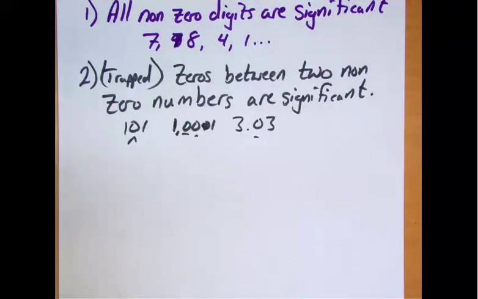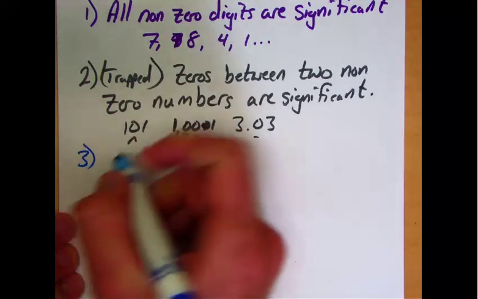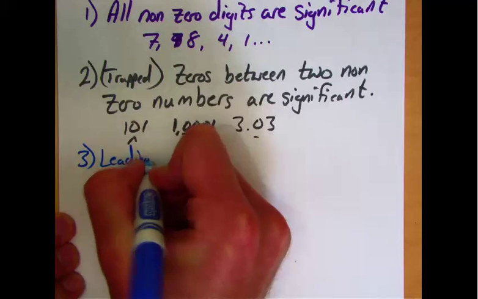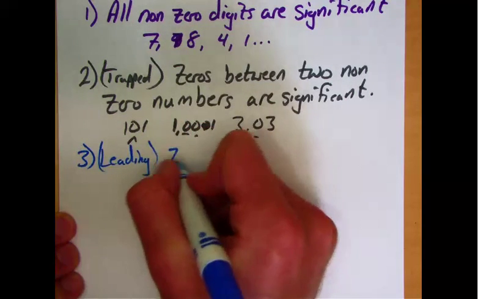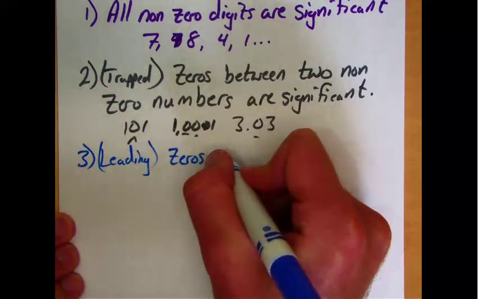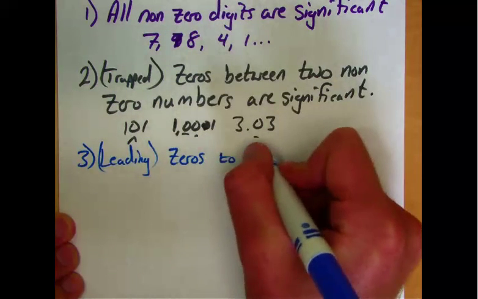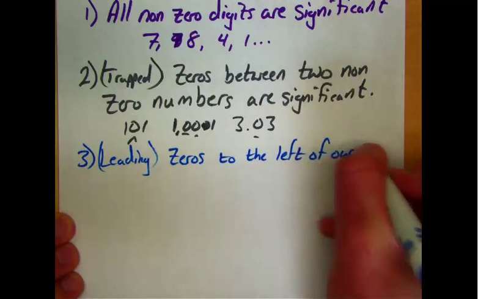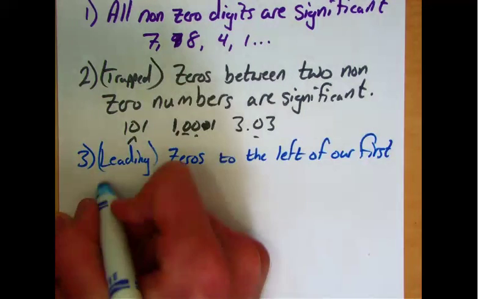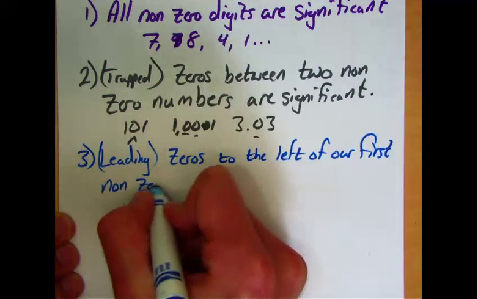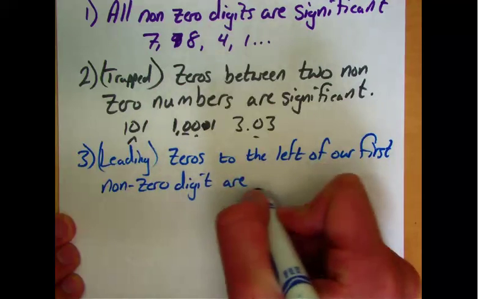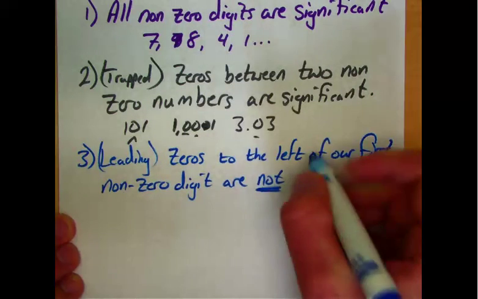Excellent. Next, our third rule. These are what I call leading zeros. So zeros to the left of our first non-zero digit are not significant.